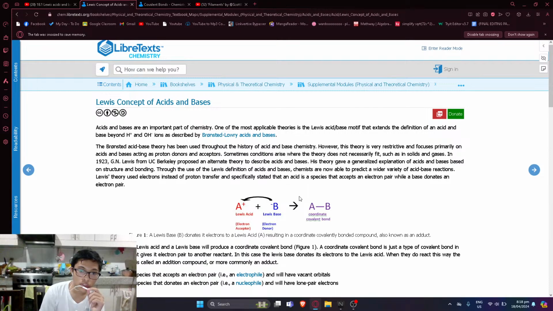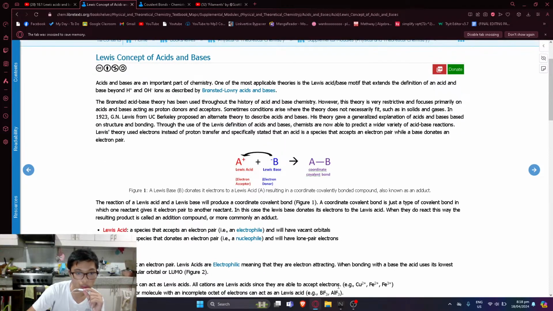And what I'm getting in the last video is that the cation, the one who gives, is definitely the Lewis acid, while the one who gains electrons is the donor, the base. That's right.